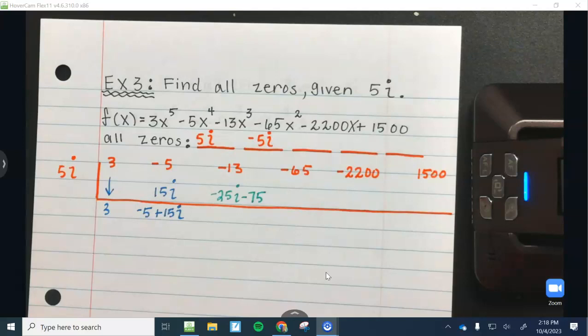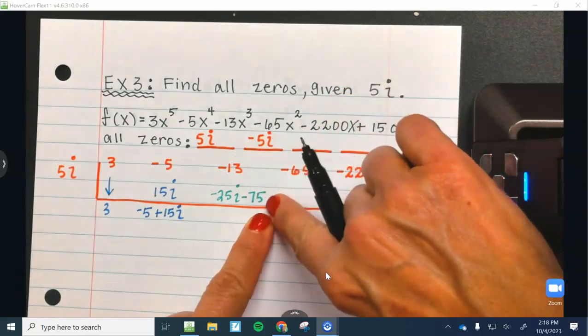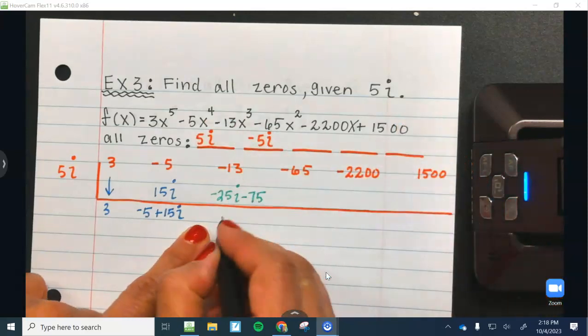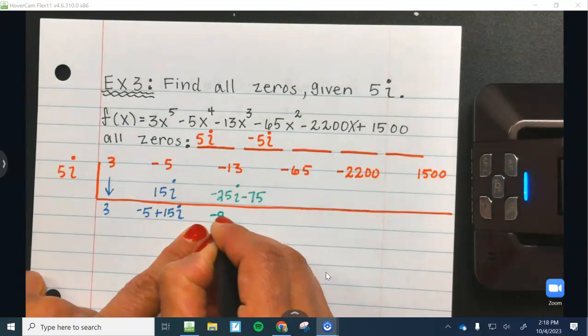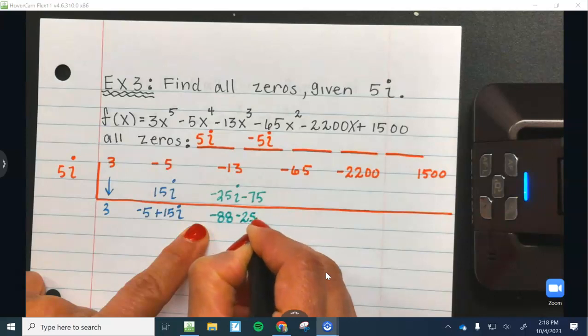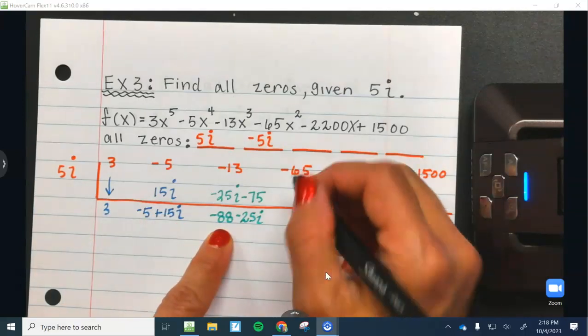Y'all, I'm going to be your human calculator because this is my 13th time working this. It's not the 13th, but it feels like it. A negative 13 and a negative 75 is a negative 88. So let's write negative 88 minus that 25i. And multiply. And I'm going to tell you what these answers are. 5i times negative 88 is negative 440i.